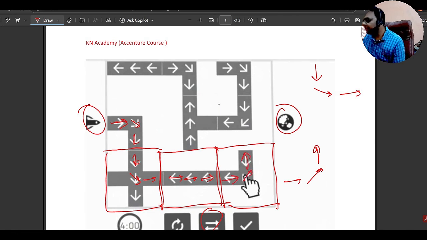Now we will choose this tile, so this whole block will be selected. And now if you can see here, there is no connectivity.